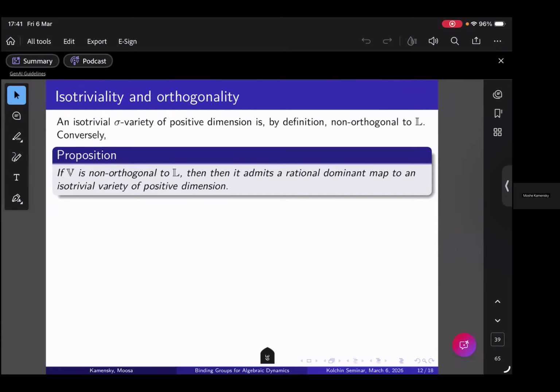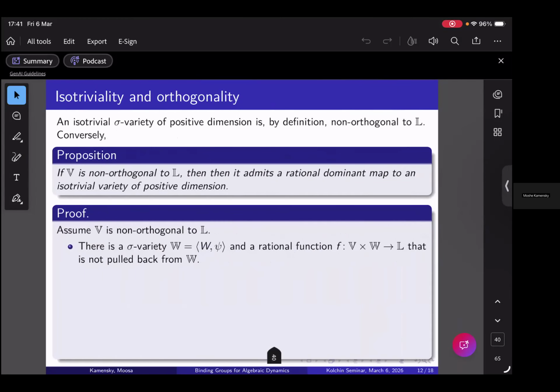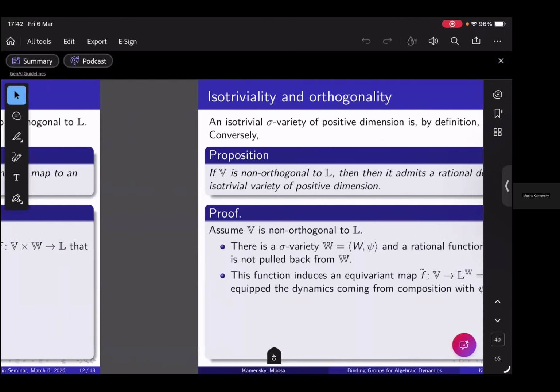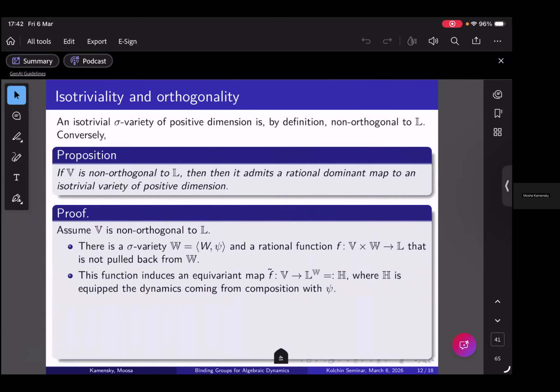And this is again, the proof we have in the paper is model theoretic, but it's actually not that difficult to give a geometric proof. So I sketch it. The assumption that V is non-orthogonal means we have a W and some rational function from V cross W to L, which does not come from W. Now we can transpose it.